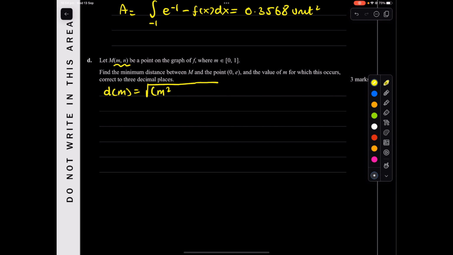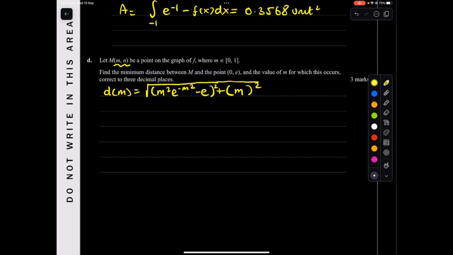squared e to the negative m squared, and we're going to minus that by e, and we also want to square it, plus m minus 0, which is 0, squared. Alright, have I done that right?